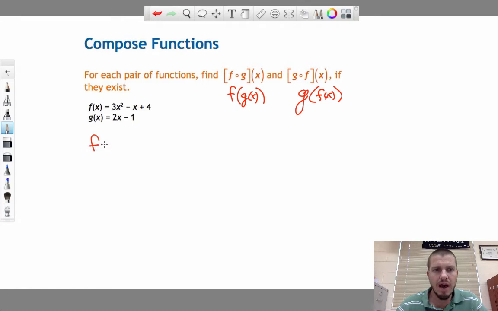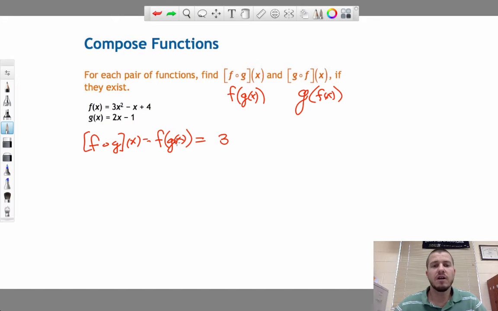So when I'm doing f of g, what I'm going to do is plug the g function into the f function. Just like if it was f of 2, I would plug 2 into the f function. Well, here I'm plugging g of x, so it's going to be 3 times g of x squared minus g of x plus 4.